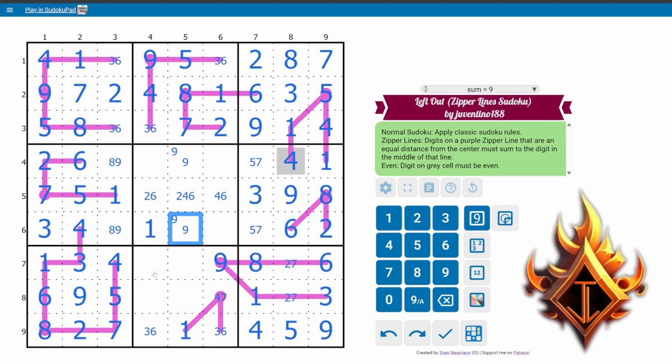This, what do we have left here? Oh, that's not finished as well. 5 must go here. This will be a 2 or 7. 7 is already in the column. So those get sorted.